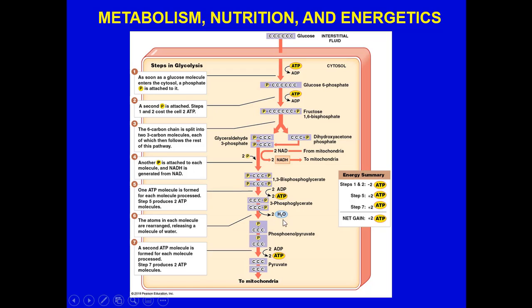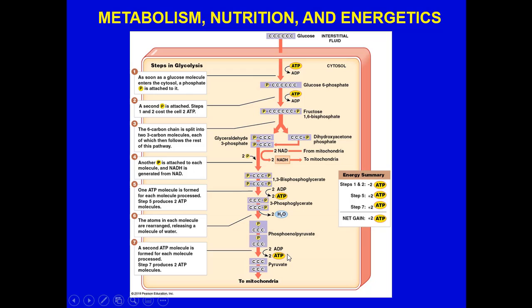Eventually, you produce 2 here and 2 there, and basically 4 total produced minus the 2 that you initially used, and you had a net gain of 2 ATP molecules. Okay, real simple. Don't panic. I'm not asking you to go through all of these steps and the enzymes. Oh yes, and the biochem majors have to know the enzymes too. Haha, we don't. Okay, you can look it up in a book.